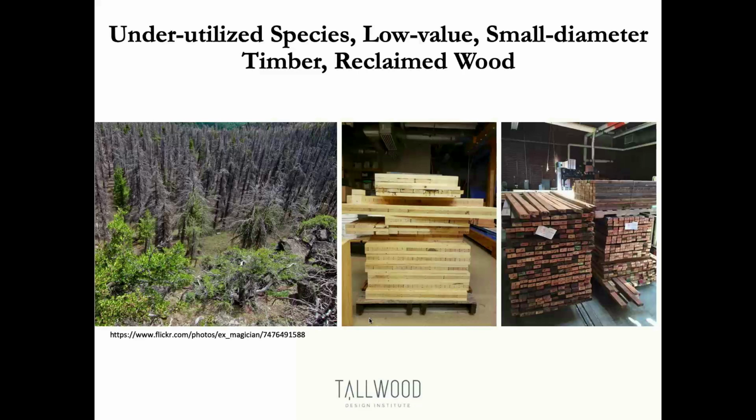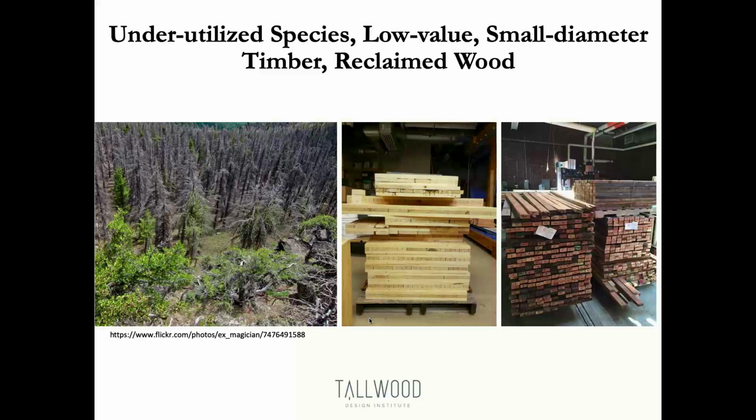And then a really important area of work is underutilized species and small diameter wood and the like. The U.S. Forest Service spends half of its annual budget fighting fires. So there's an enormous drive to look at ways to restore those forests, because we have overstocked forests in the West.